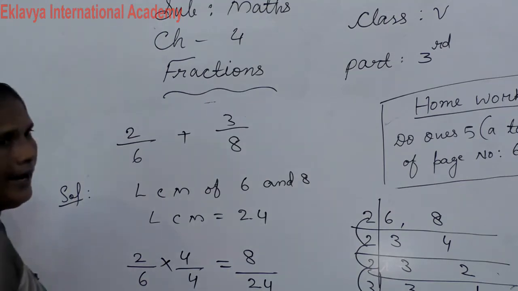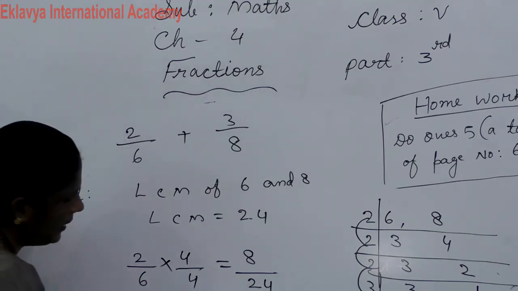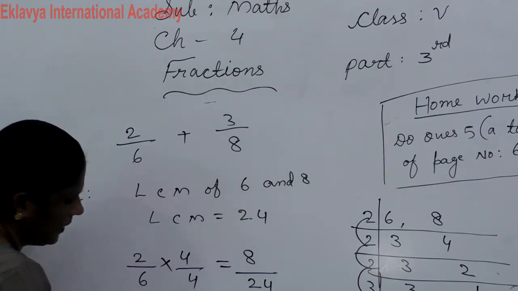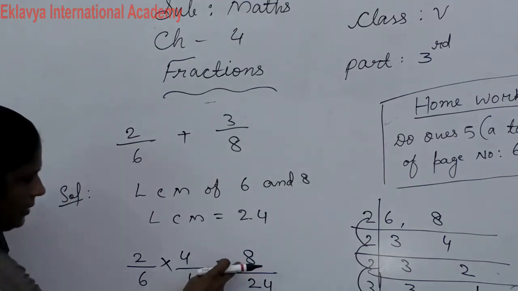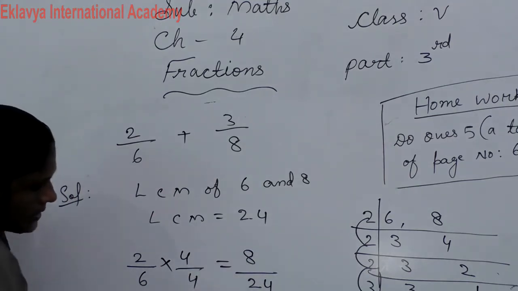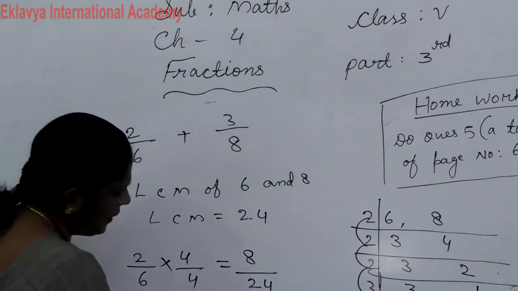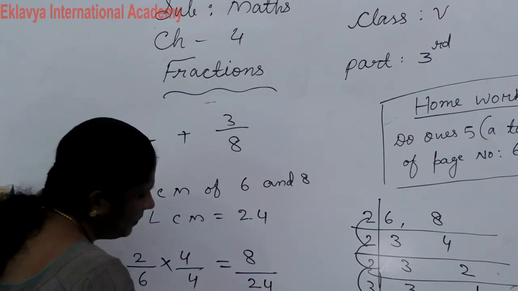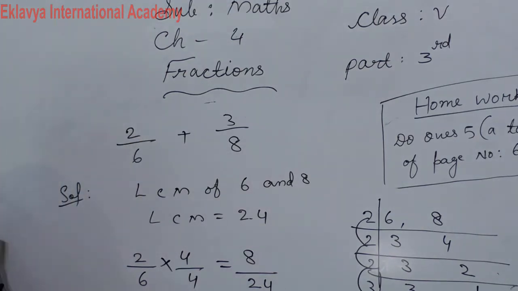Then you add this number: 8 plus 9 upon 24. What is our answer? 17 upon 24. Understand?